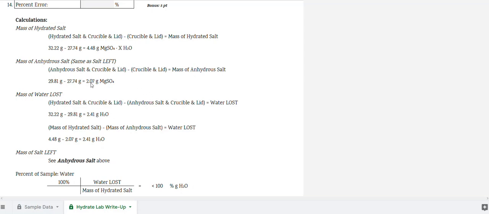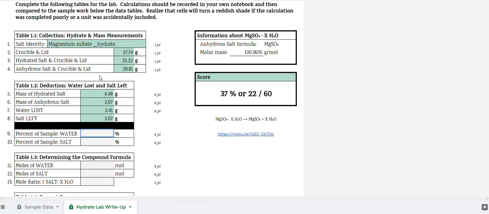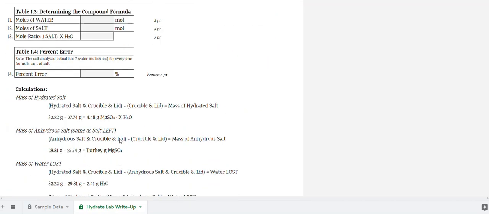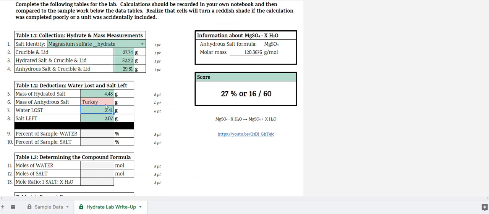Obviously, garbage in gives us garbage out. So if you look at this one where it says 2.07, let me go up here and let me write something silly, like turkey. It immediately turns red, but down here it fills in turkey, as though that's what I meant to show. I'm going to put it back to the 2.07.